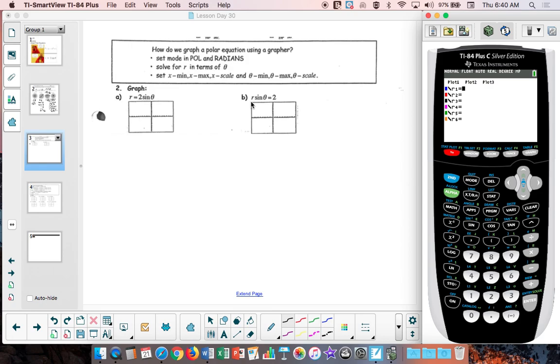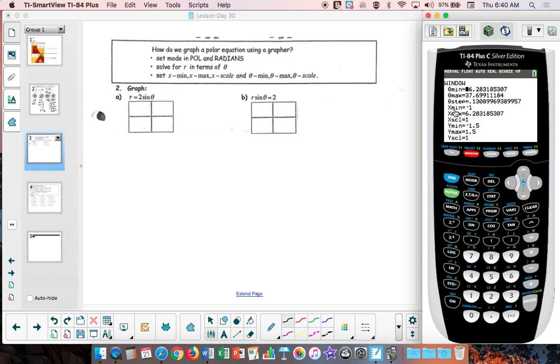Now with these, you do have to do more things with your window. If you look at your window, there's thetas involved, and those thetas are basically asking what numbers should I plug in and when should I stop. The reason you need this is that if I wanted to graph a circle like this, where r equals 3 or something like that, it gets difficult for your calculator to figure out where it should start.